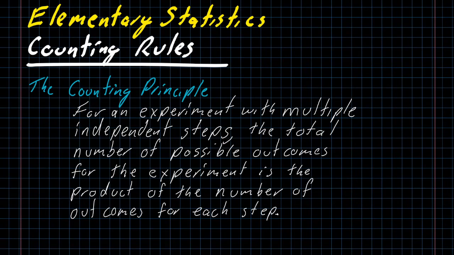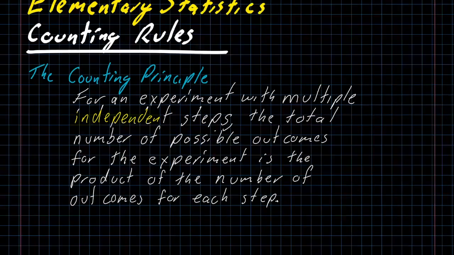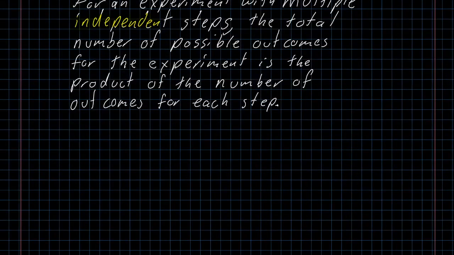The counting principle tells us that for an experiment with multiple independent steps, the total number of possible outcomes for the experiment is the product of the number of outcomes in each step. The idea here of independent steps is one that we're going to investigate a lot more as we go onward. But for now, I want to look at a very simple example.